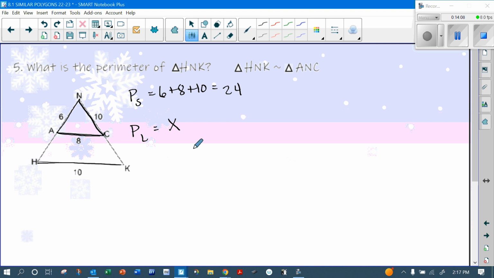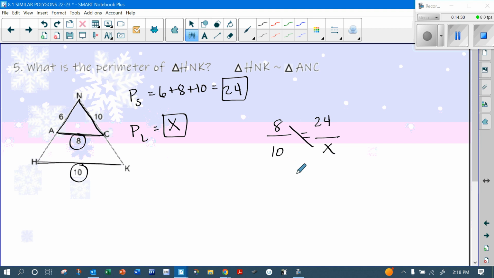So what I'm going to do here is I know that this side right here corresponds with this side right here. So the small base goes with the big base, and that's equal to the small perimeter, which is 24, over the large perimeter, which is x. So now I'm going to cross multiply. 8x equals 240.